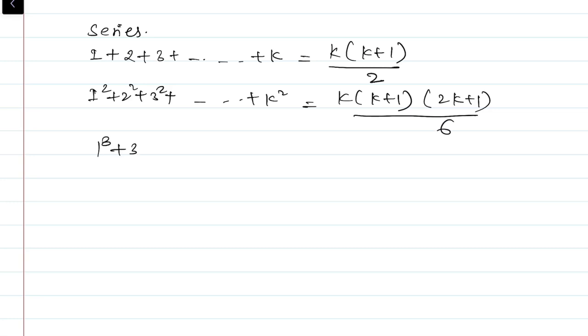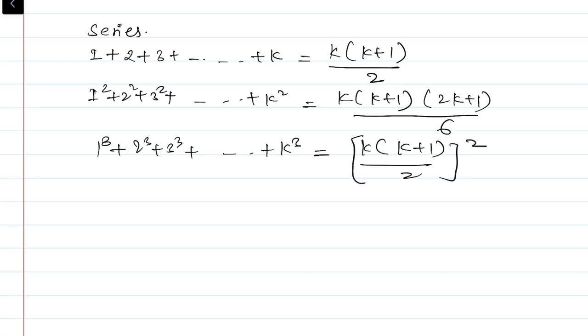When it is cubed, 1 cube, 2 cube, 3 cube up to k cube, the sum becomes k times k plus 1 whole divided by 2, whole squared.